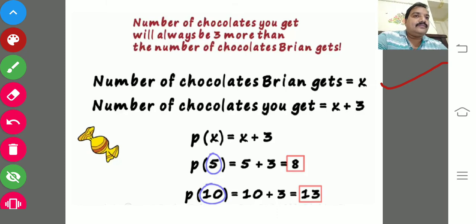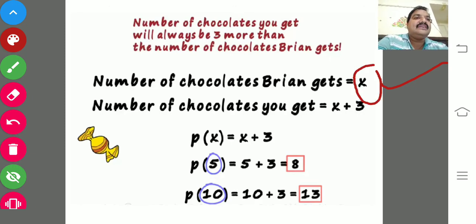Brian is a name, you take it as a name, not our Brian. Suppose Brian has 10 chocolates, automatically you will get 13 chocolates according to the statement. So the number of chocolates Brian gets is x, because we don't know how many chocolates Brian gets. So the number of chocolates you get is automatically x plus 3.